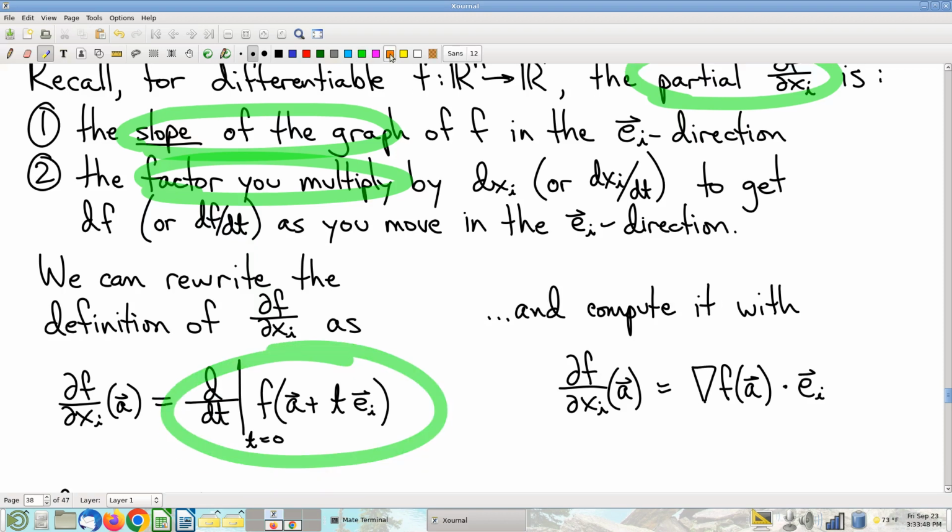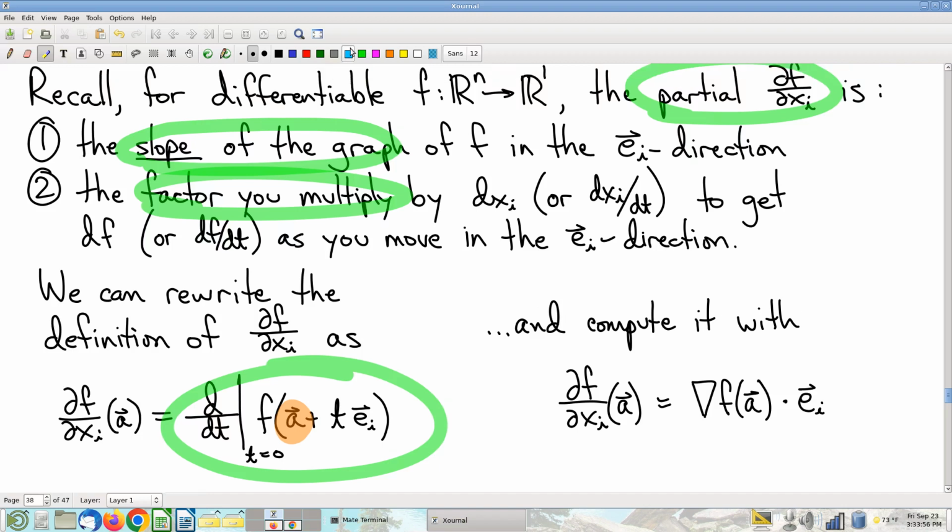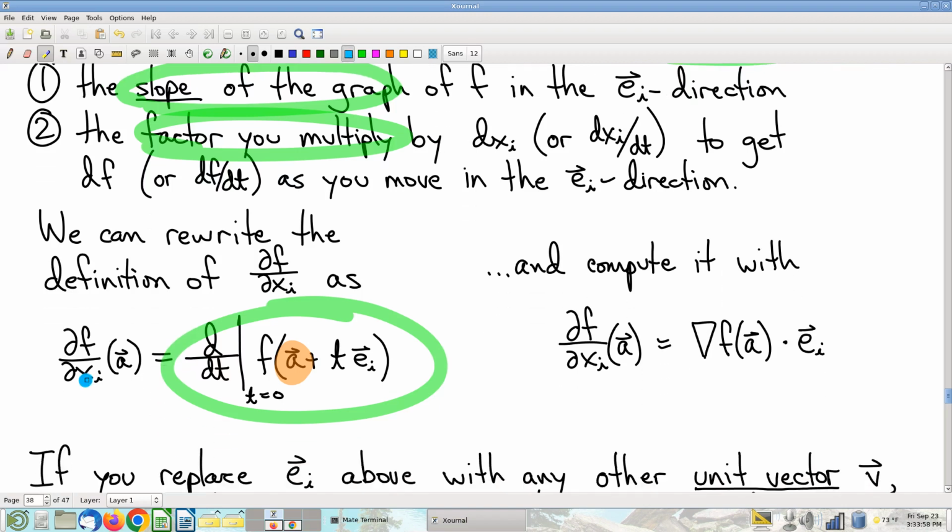The idea here is that if I'm at a certain point, and I want to talk about what happens as I move in the xi direction, I can actually manufacture that. Here it is. There's a parametric line that is moving in the xi direction, because look at the velocity vector there.